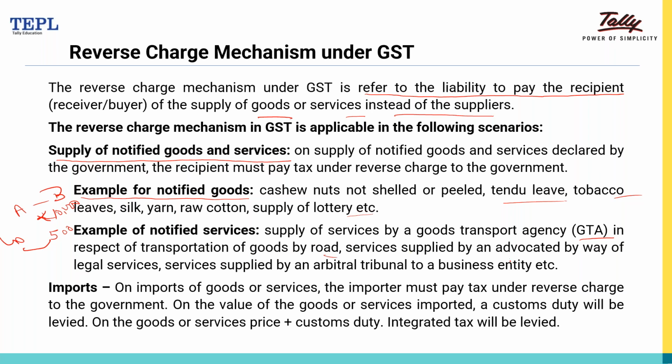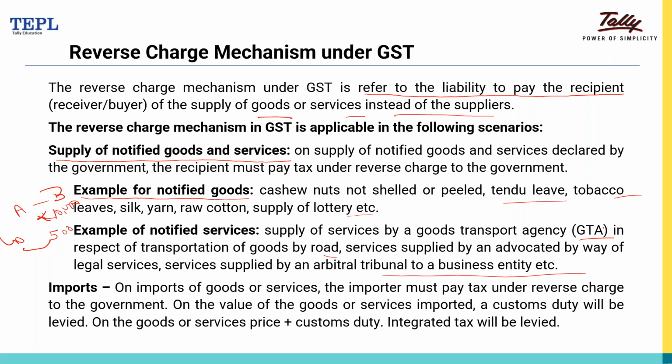Then service supplied by an advocate, if you take any legal advice from the advocate, then you need to pay RCM, like you need to pay tax to the government. And then service supplied by an arbitral tribunal to a business entity. If you receive this type of services, then you need to pay tax as per the RCM concept.